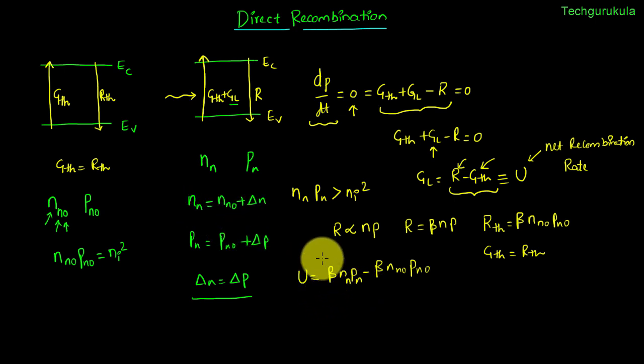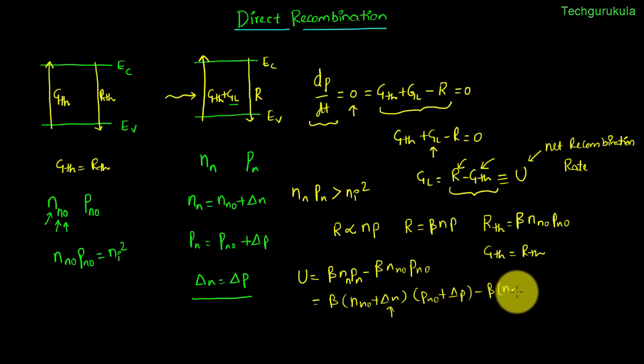This is given by beta times (Nn0 plus del n), the excess carrier concentration, times (Pn0 plus del p), the excess hole concentration, minus beta times Nn0 times Pn0. Now we can expand this further.